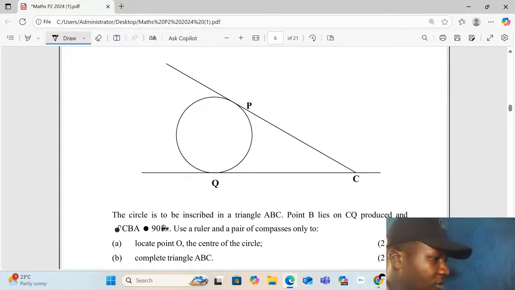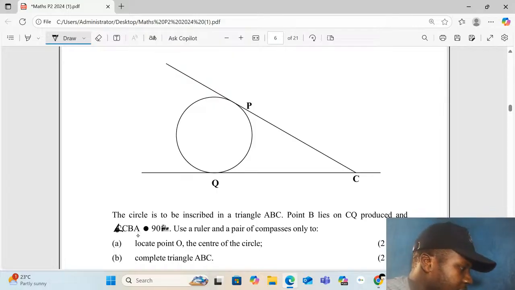So you have a triangle ABC whereby the circle is inscribed. Now, point B lies on CQ produced, and angle CBA is equal to 90 degrees.